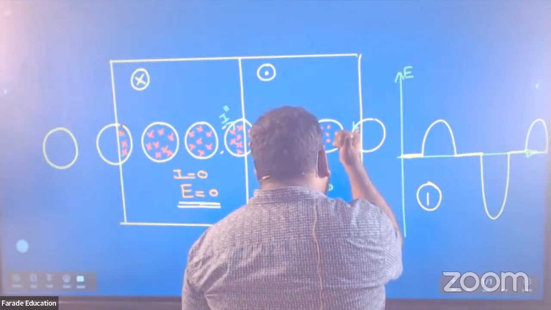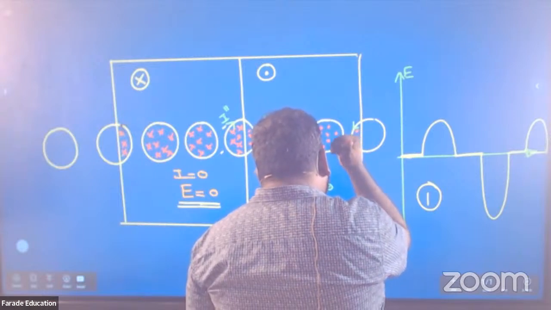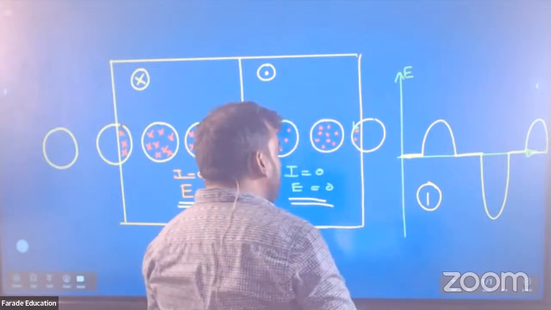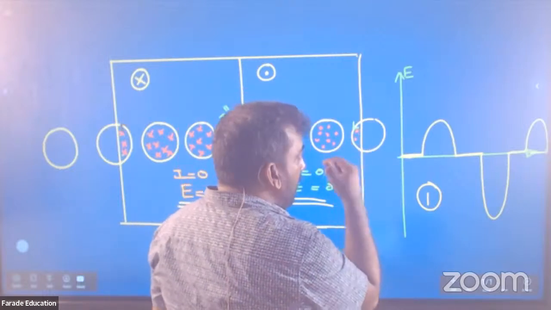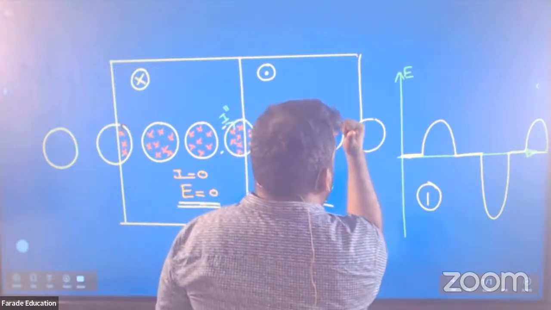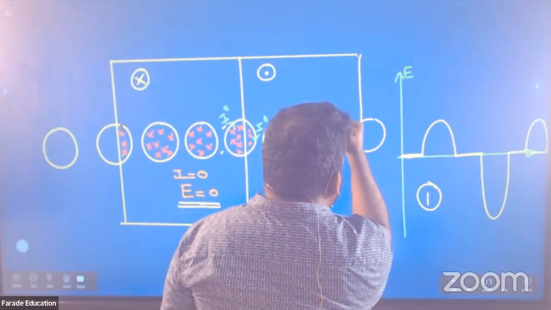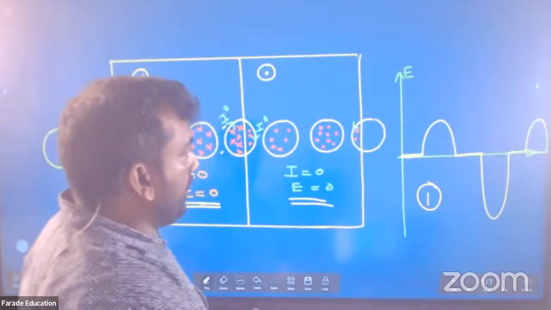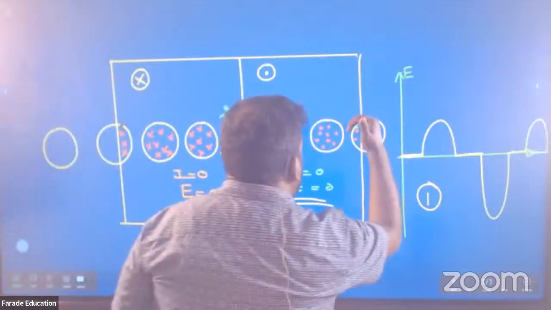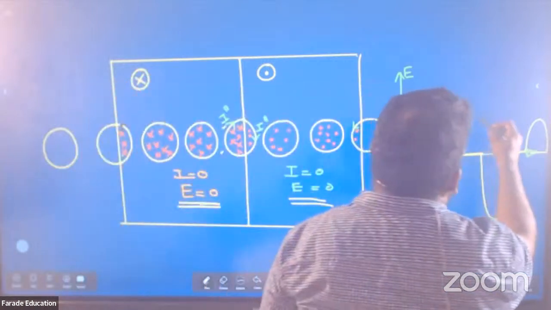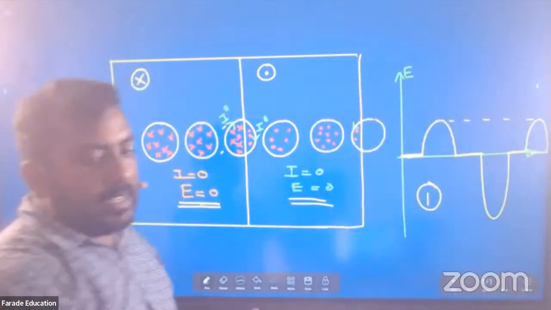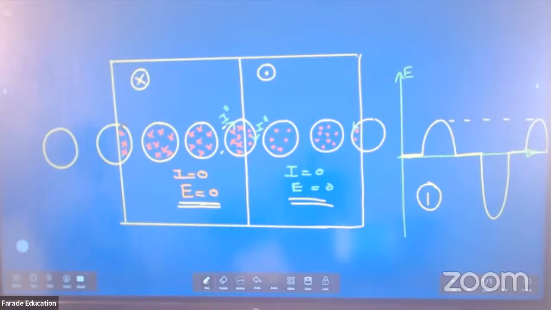To oppose this, we place the thumb outwards, increasing the number of field lines coming out. So there will be an anti-clockwise current, just like the initial case.